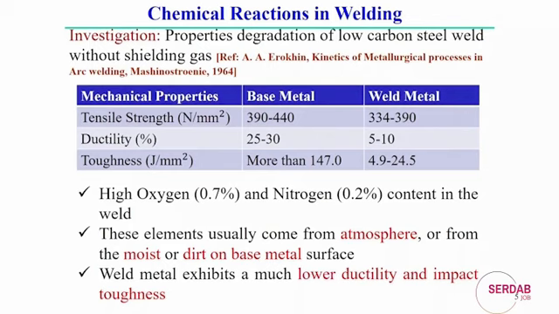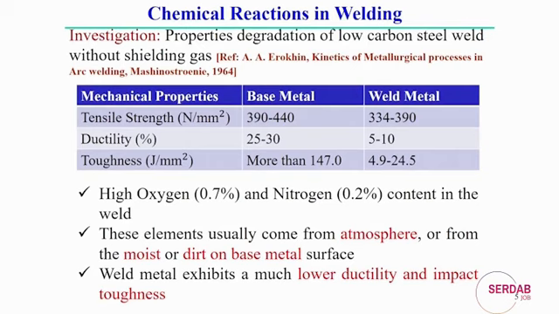If we see the tensile strength, the base metal range is 390 to 440 Newton per millimeter square, but the weld metal without any shielding gas shows a decrement of joint strength to 334 to 390.